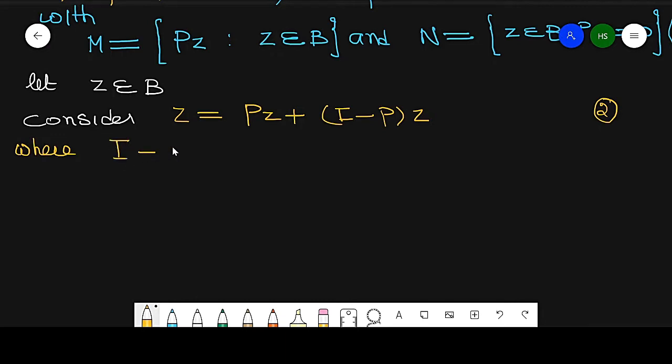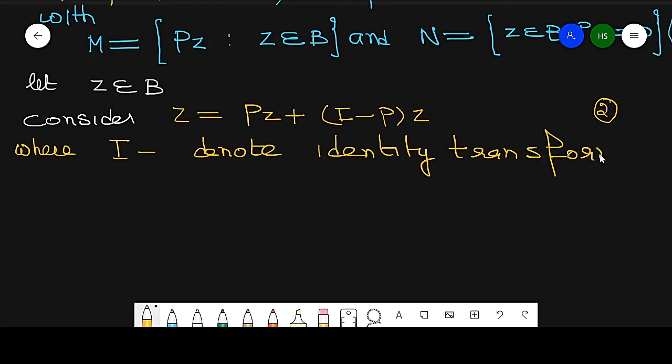Where I denote the identity transformation. Now just see that if I write it this way, one thing is clear: P of Z, because it is an image, belongs to the range of P. So what is the range of P?